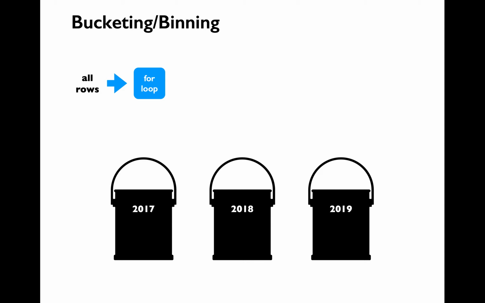The process of converting your list of list data structure into dictionary of list data structure by performing bucketing or binning is very simple. You just write a for loop to iterate over all the rows in your list of list data structure, and you're going to look up the value corresponding to the column based on which you want to perform the binning.